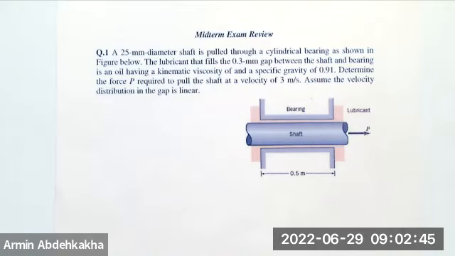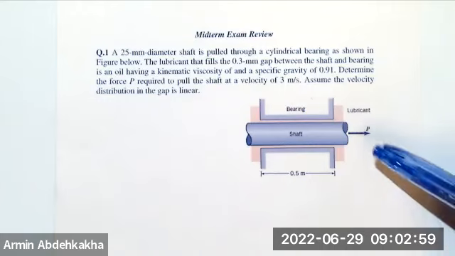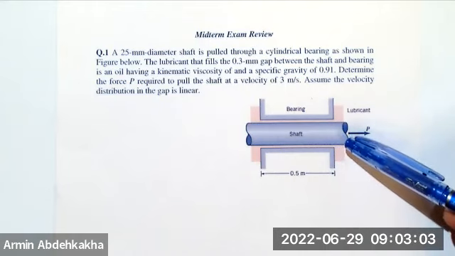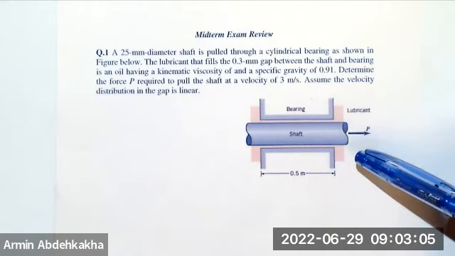Okay, so the first question is from chapter 1. It is about viscosity and shear stress. You will see a shaft here and a bearing, and the shaft has a rotation here.